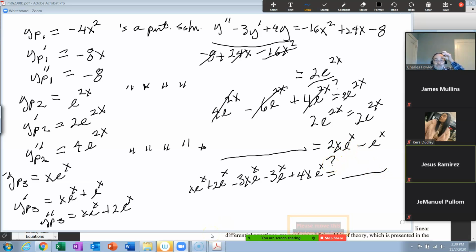Well, here is an x e to the x minus 3x e to the x. That would give you minus 2x e to the x plus 4x e to the x. That would give you 2x e to the x. So that part checks. Here you have a plus 2e to the x minus 3e to the x. That gives you a minus e to the x, and that checks too. Okay, and there we have it, those are equal.